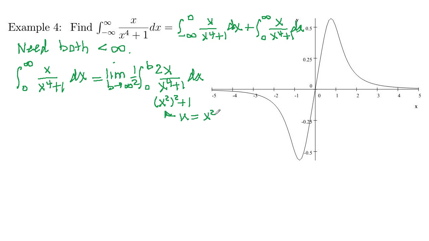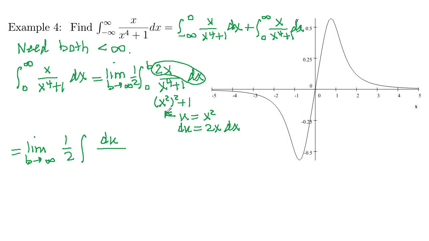So doing another u substitution. And so your du is 2x dx. And let's go ahead and change this integral over to write it in terms of u. So this will now be limit b goes to infinity. Got a 1/2 out in front. 2x dx up on top, that's our du.